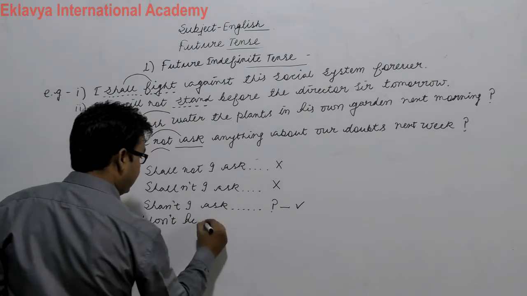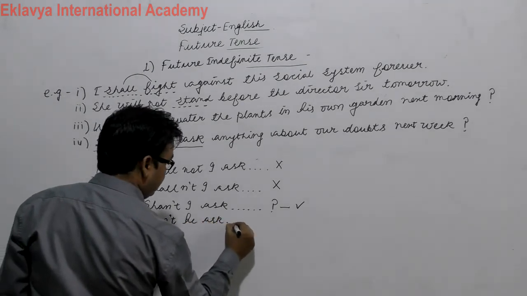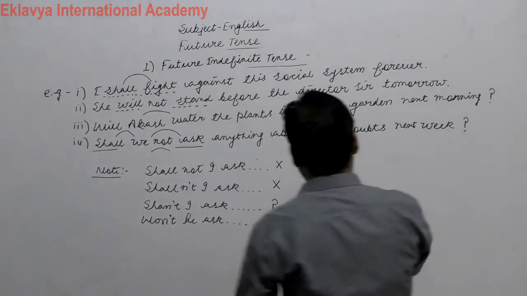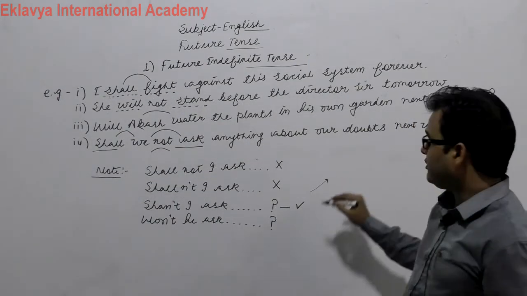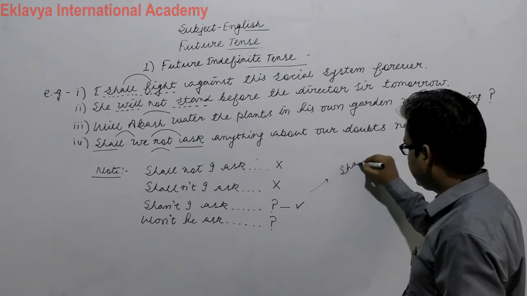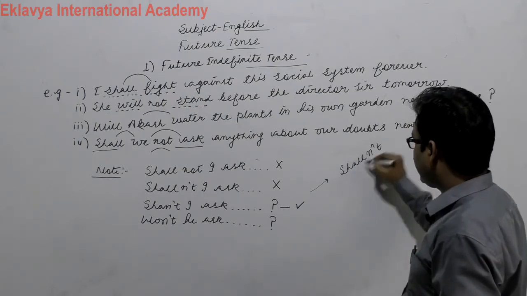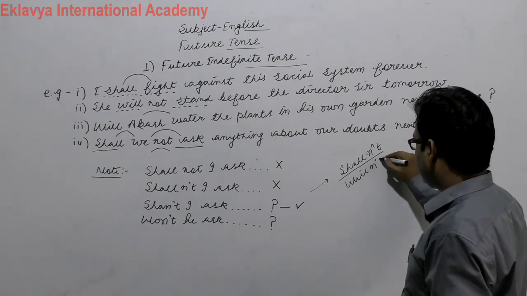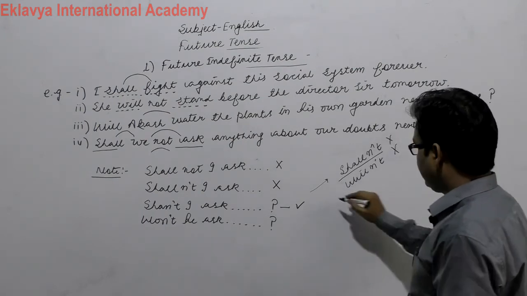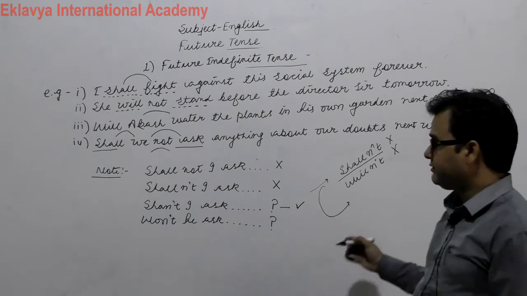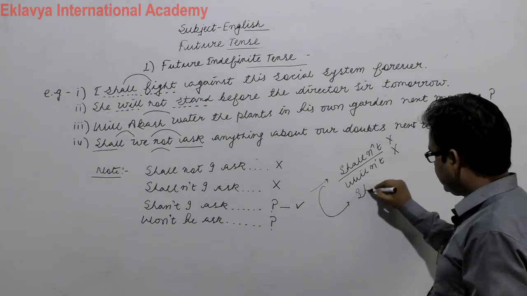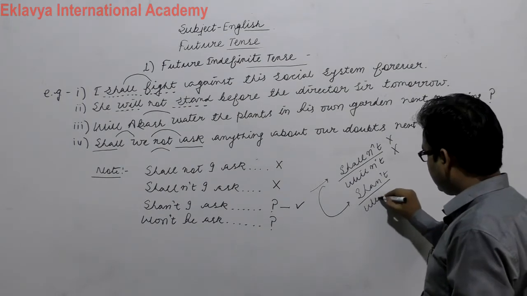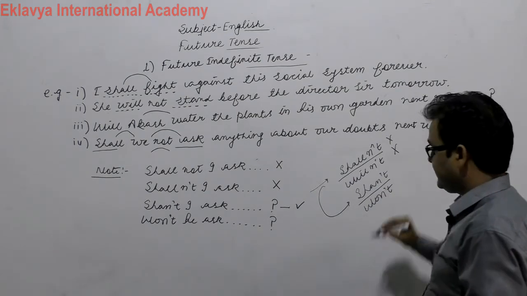Won't he ask is also a right way. It means that in short form we will not write shalln't and willn't at all. The negative forms of these two helping verbs will be shan't and won't. Is that clear, students?